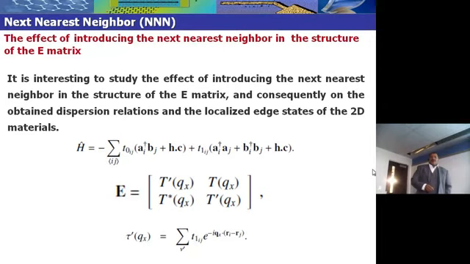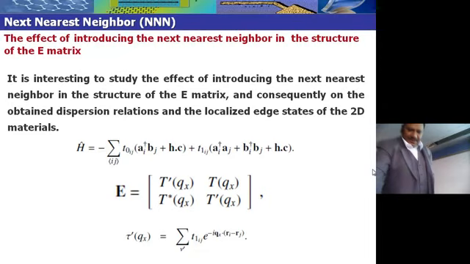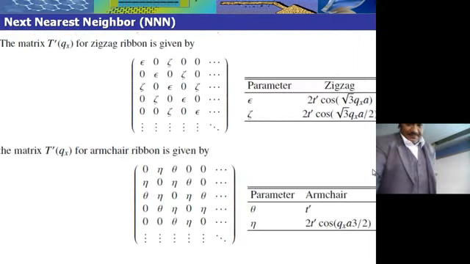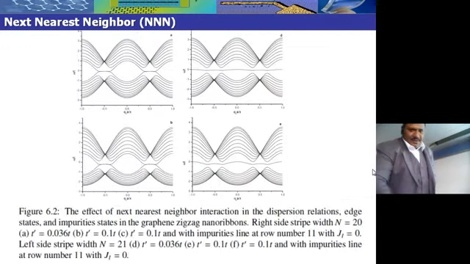We found, as we see here, that the next neighbor hopping is 0.036. So as we see, the Fermi level is shifted, and the symmetry between the two dispersions is removed.